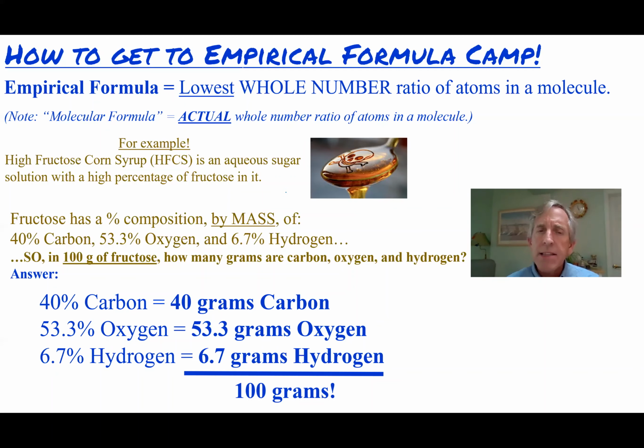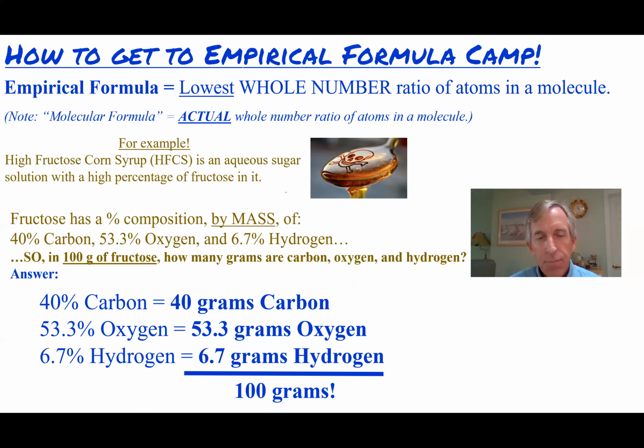Keep this in mind that there's a lot of these percent composition problems where they don't tell you how many grams of the substance you have, but just ask you, what's the empirical formula? The very first thing I would do is start with 100 grams of it to figure out its empirical formula and create this beautiful little gram ratio down here.